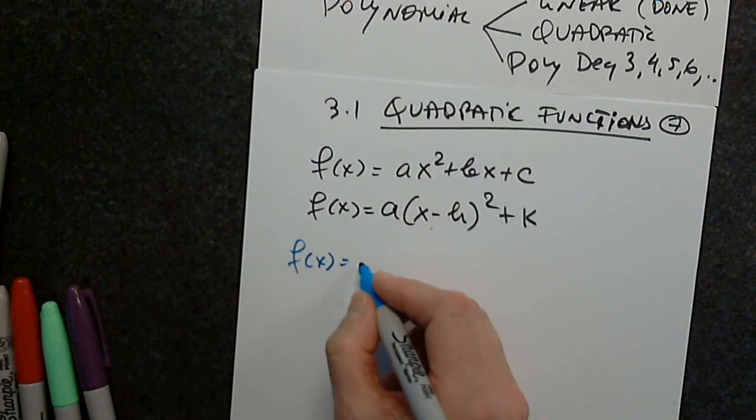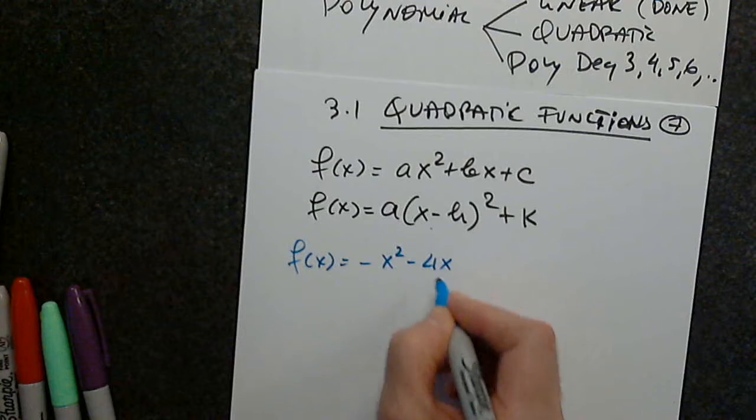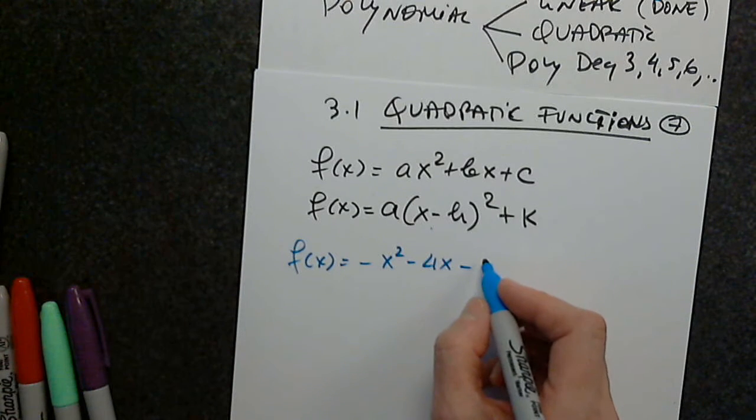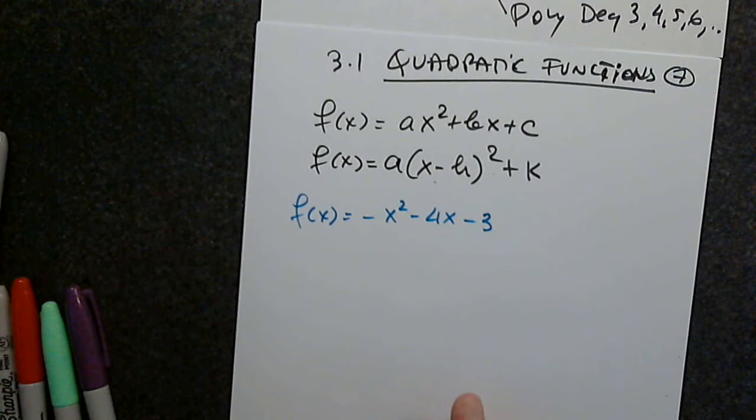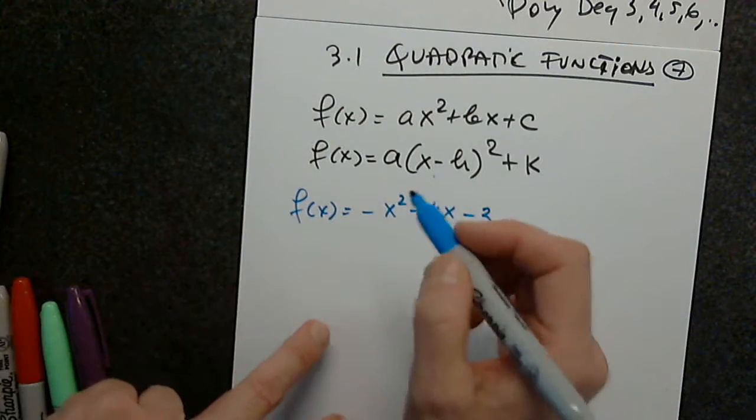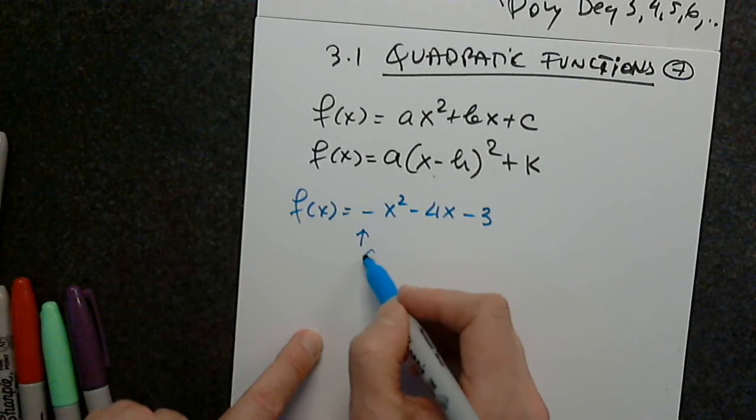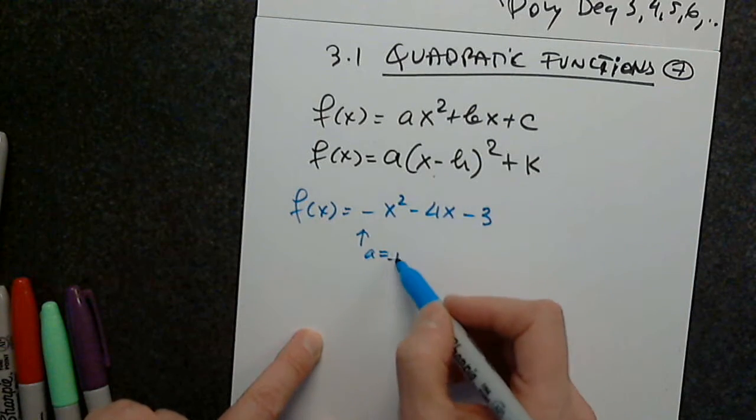f of x equals negative x squared minus 4x minus 3. Obviously, the leading coefficient is a equals negative 1.